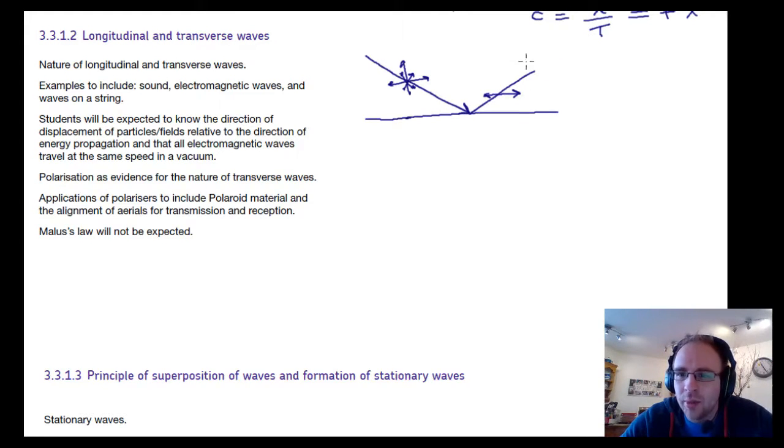So if I've got my sunglasses here and my sunglasses are vertically polarizing, then we can cut out all of the reflected light from the surface.